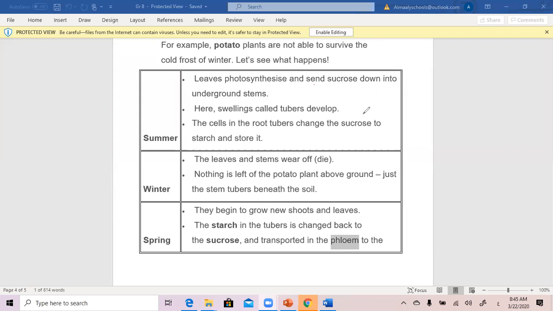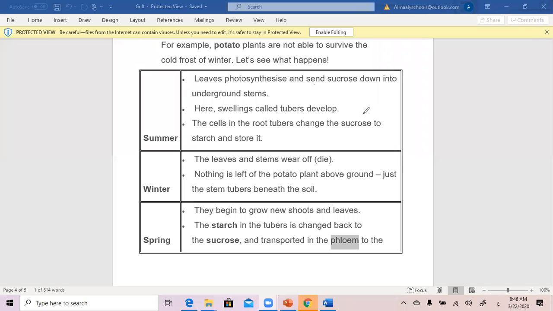The leaf here, where the food is made. Is it called the source or sink, Mustafa Saleh? Where is the food made, in the sink or the source? Source. And the sink is the place in the plant where food is stored.